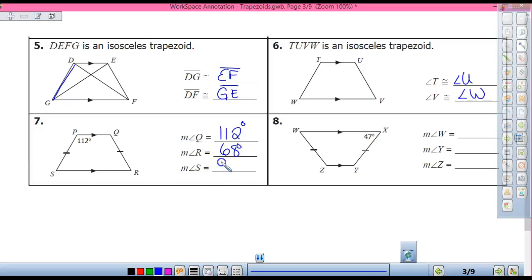And then S would also be 68 because my base angles are congruent. So W is 47. Y and Z are 133, because consecutive angles are supplementary. I'm going to get that into your head if it kills me.